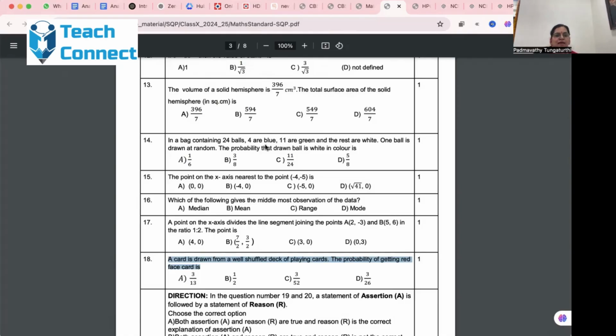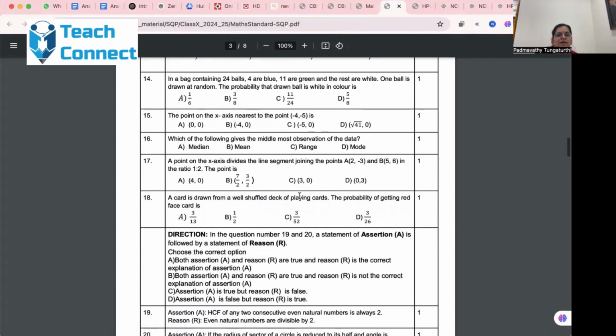Question number 14 is in a bag containing 24 balls, 4 are blue, 11 are green, and the rest are white. Now, what's that rest? Calculate that rest. 11 plus 4 is 15. 24 minus 15 is 9. 9 balls are white. 1 ball is drawn at random.